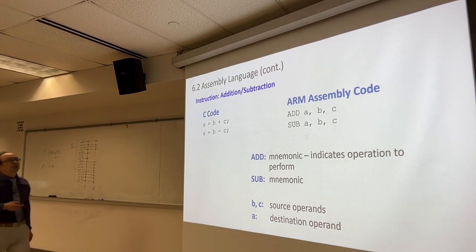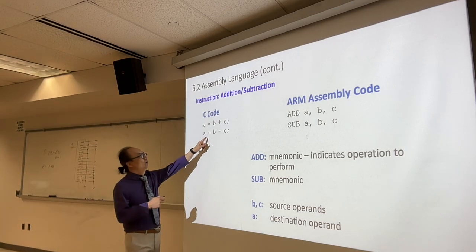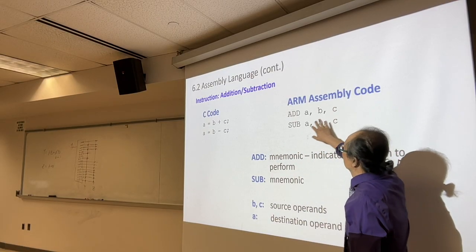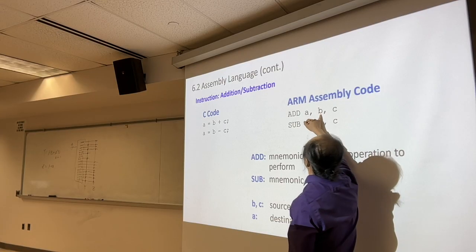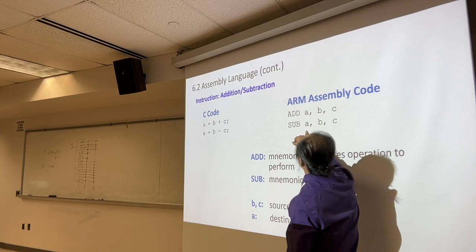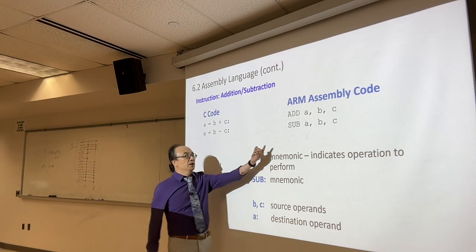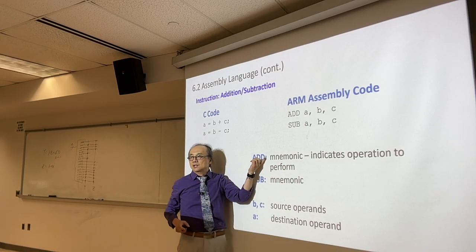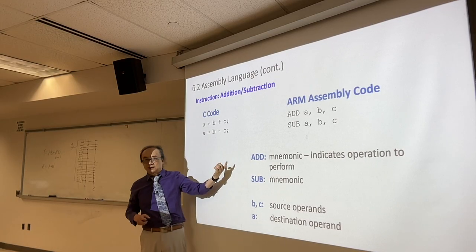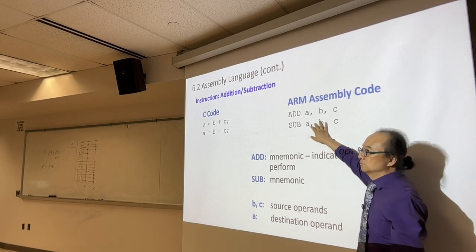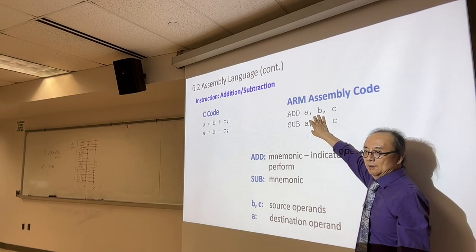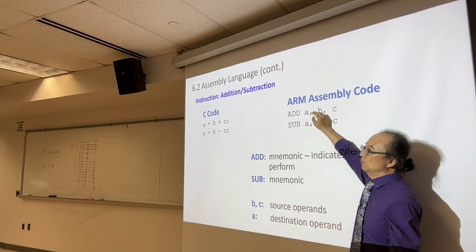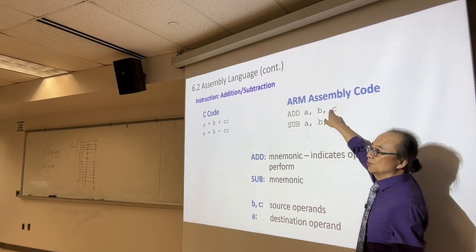So you are given A equals B plus C, A equals B minus C as C code. In ARM architecture code, it's going to be ADD A, B, C and SUB A, B, C. The first three letters, all capital, are the mnemonic, what operation to perform: add, subtract, CMP, MOV. We're going to look at a bazillion instructions in ARM. We're going to have three components, but sometimes two, like A, B, and I'll show you later with the numbers.